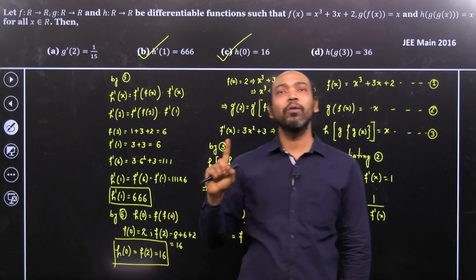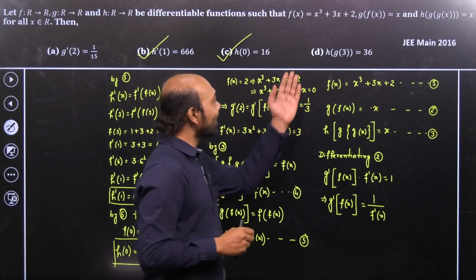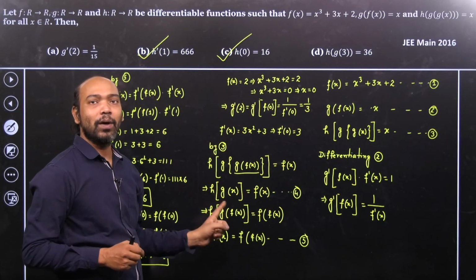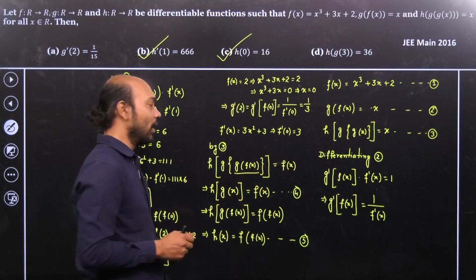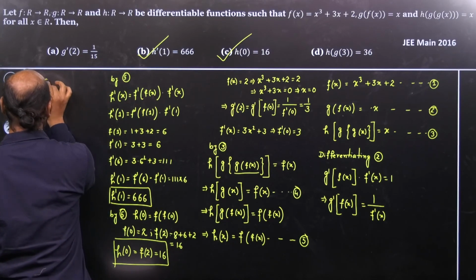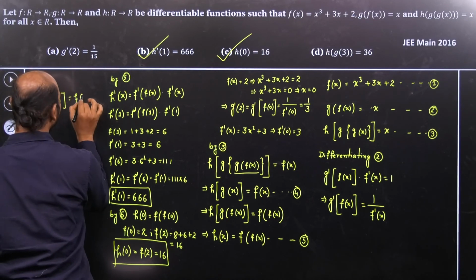Now only one option is left that we haven't tested yet. So what's that? It's h of g of 3. So we can use this relation. H of g of 3 is f(3). So by relation 4, just substituting x equal to 3, h of g of 3 is equal to f of 3.